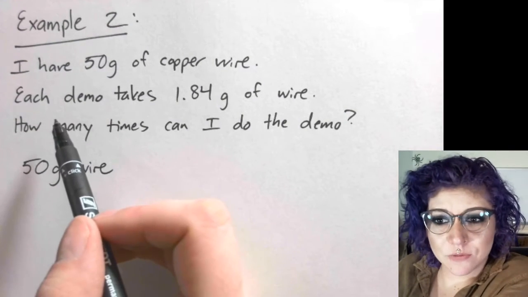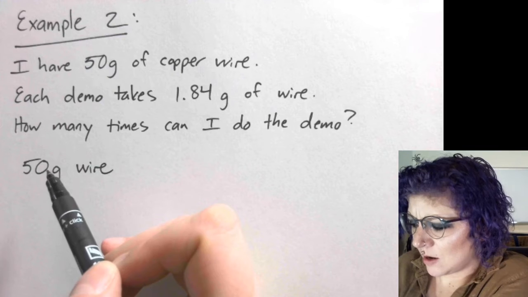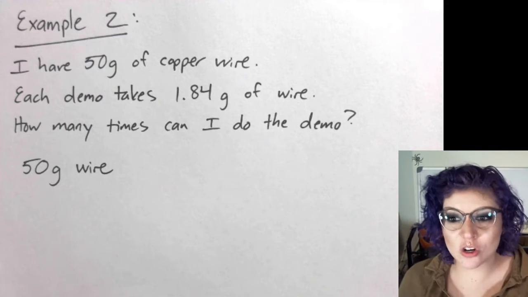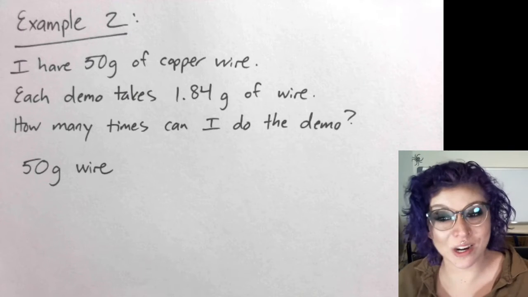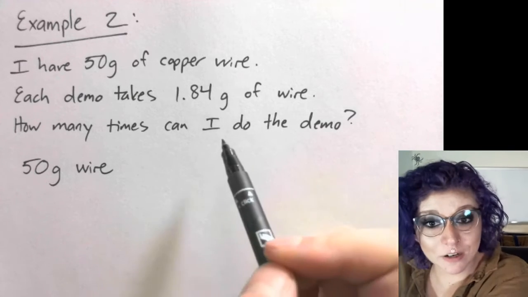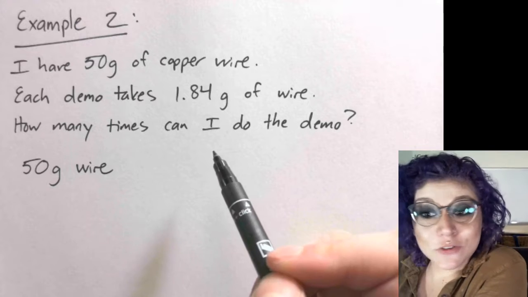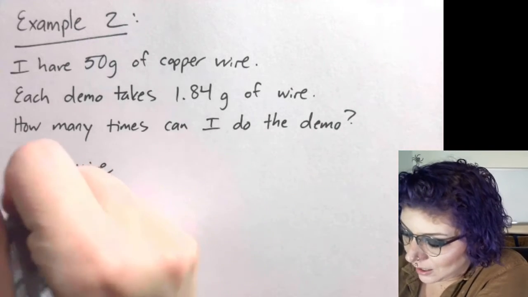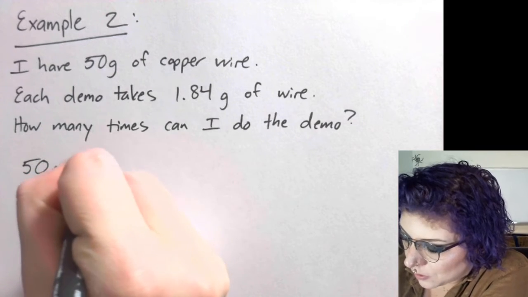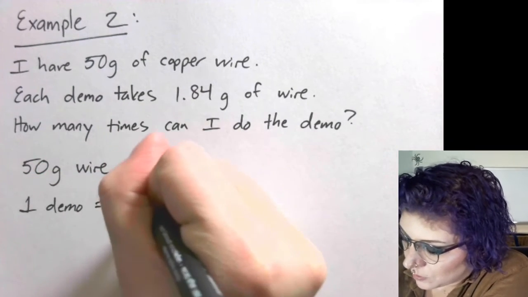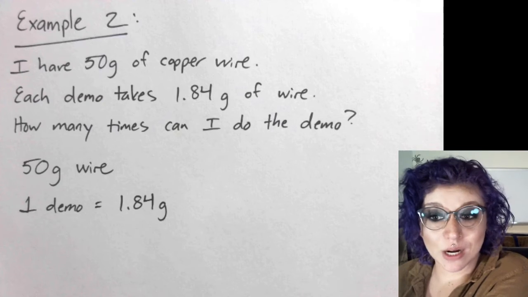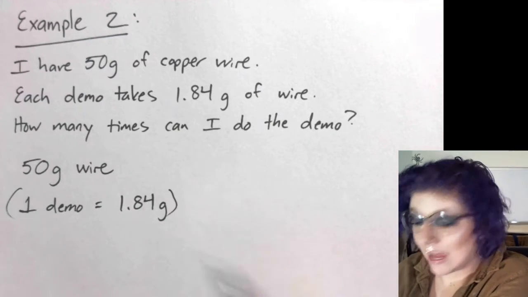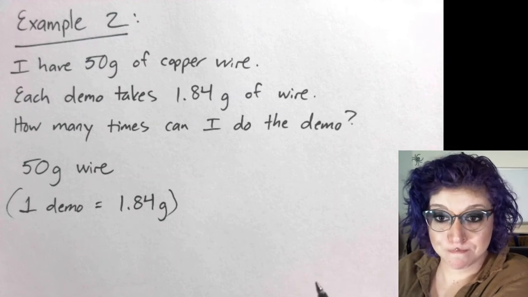For this word problem, I think it's harder to see what our conversion factor is in words. So this is just something we're going to have to practice to get used to. I know that one demo takes 1.84 grams of wire. I can use this as my conversion factor.